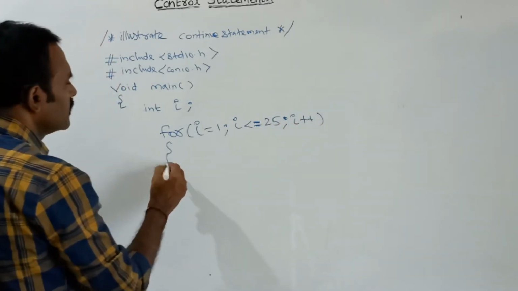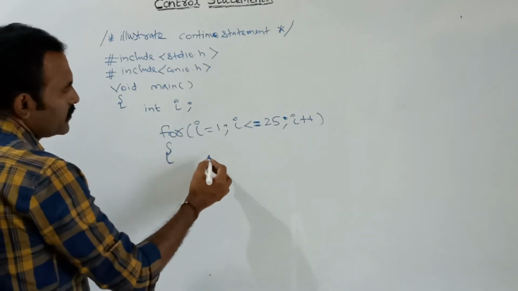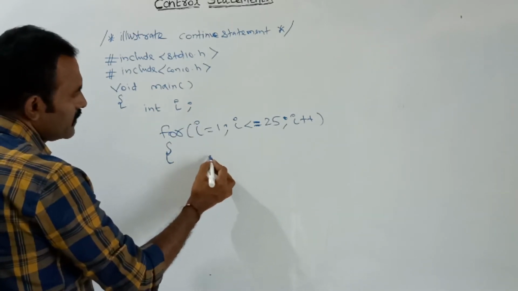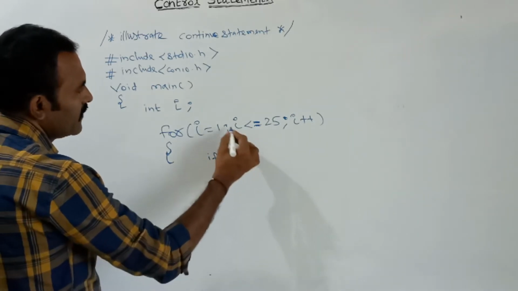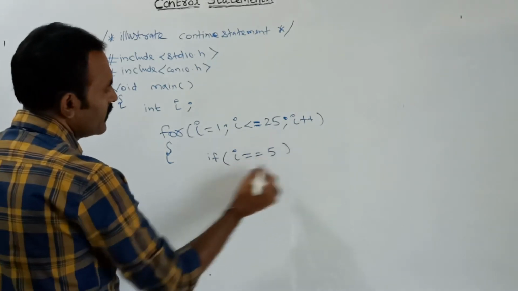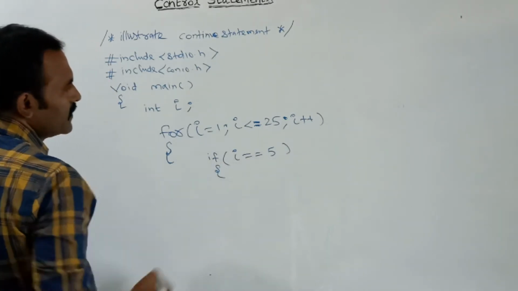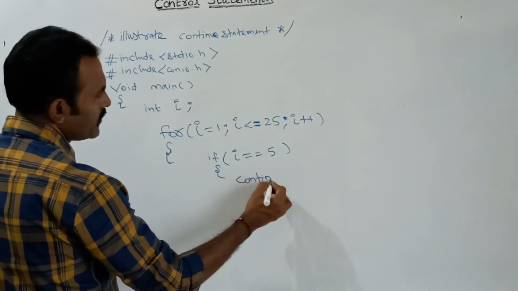Here I am using the if condition. By using this if condition, I am checking whether I is equal to 5. If I is equal to 5, then I am using this continue statement.